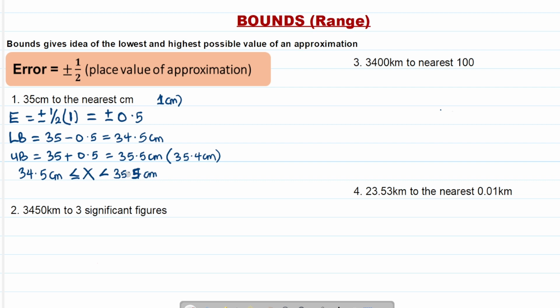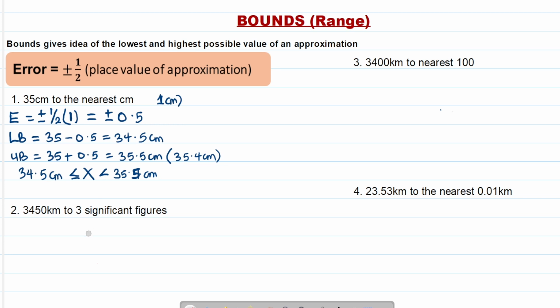Our objective is to stay within the limit of numbers such that when approximated, they will give us 35 centimeter, not 36. So if we include equal to here, it means that 35.5 will give us 36 centimeter after approximation, which is not what we intend to achieve. Therefore, our answer would be any value within this limit. These are values that can be approximated to give us 35 centimeter.